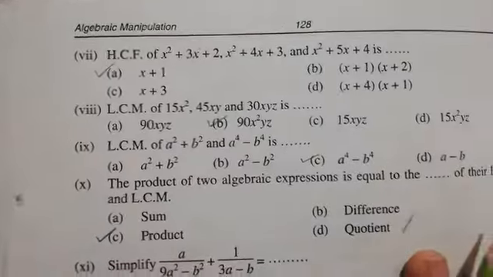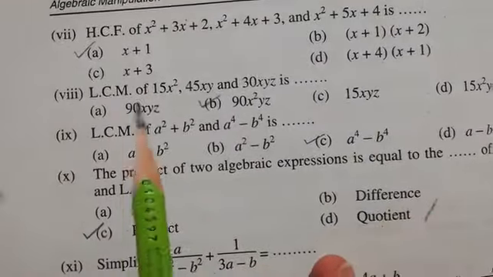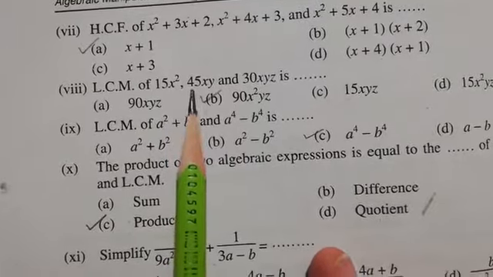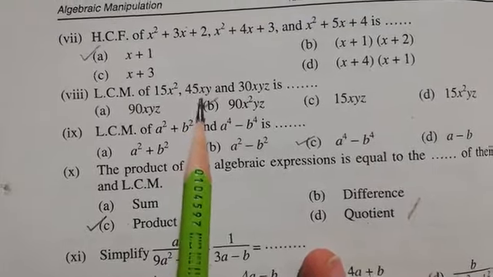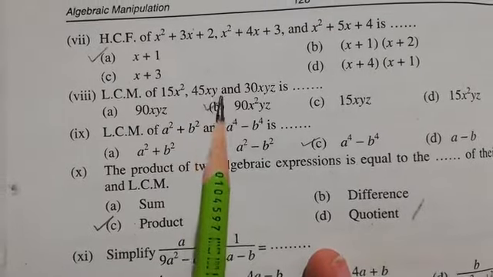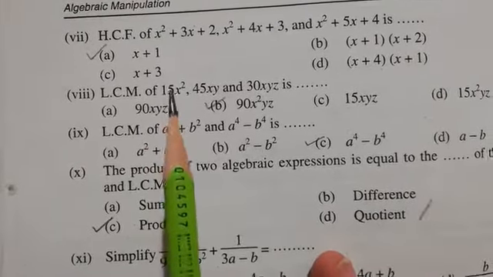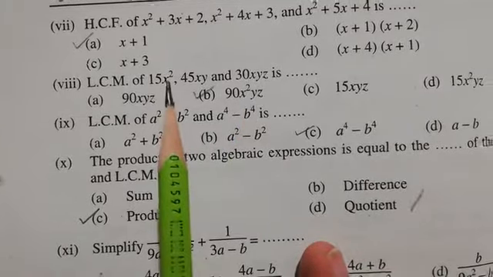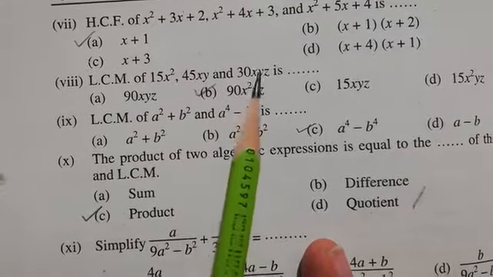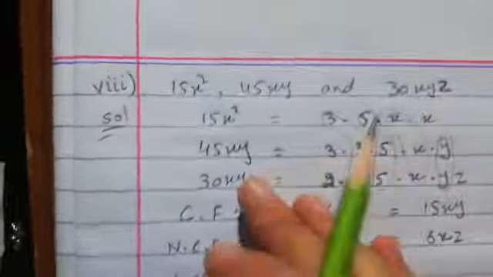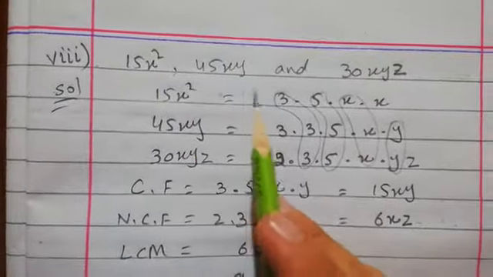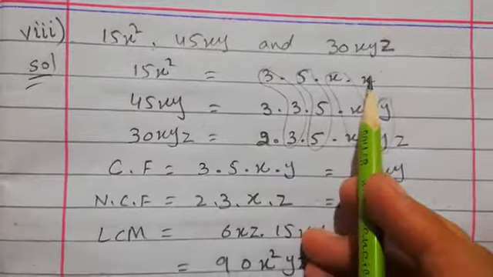MCQ number 8. Now we are going to discuss LCM, and you know, my dear students, that LCM is the product of the common factors and the non-common factors. So LCM of these three terms, 15x square, 45xy and 30xyz is. First of all we will find the factors of these three terms like this. 15x square equals 3 into 5 into x into x.